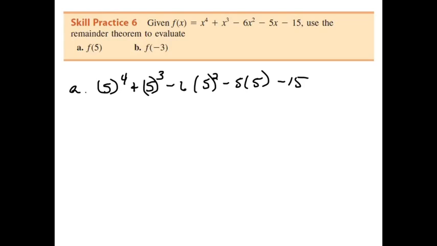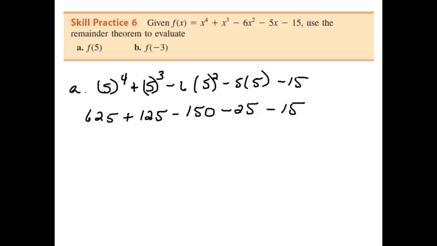Okay, I think 5 to the 4th is 625, plus 125, minus 25 times 6 is 150, minus 25, minus 15. And if I've done that math right, if I add those all up, then I get the remainder if I divided this polynomial by x minus 5.